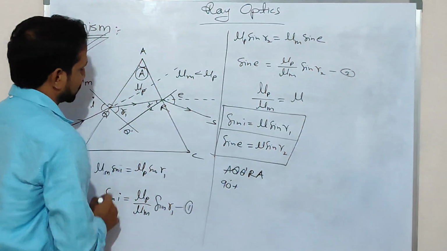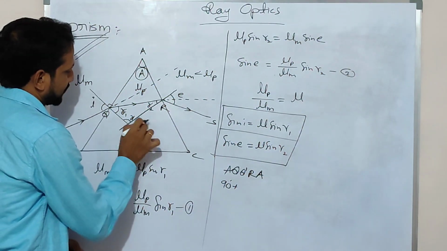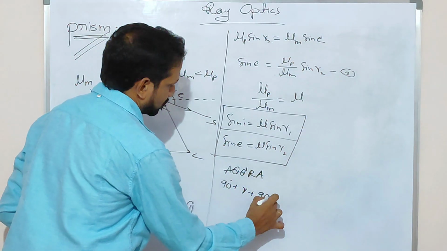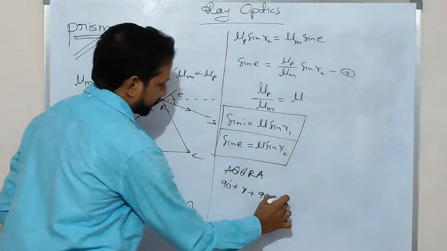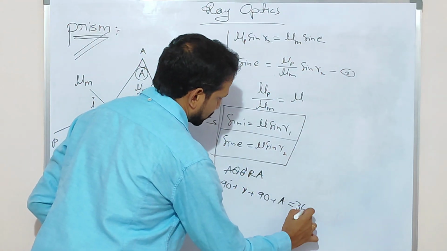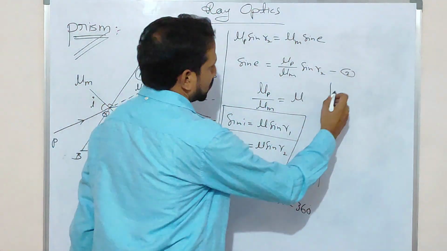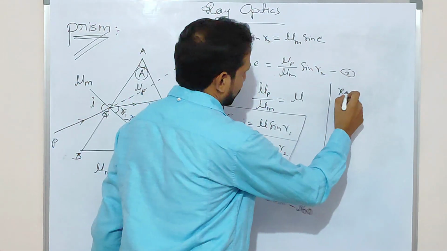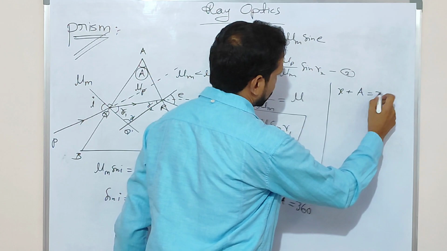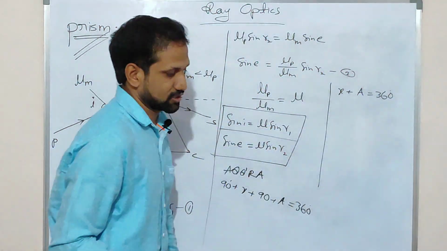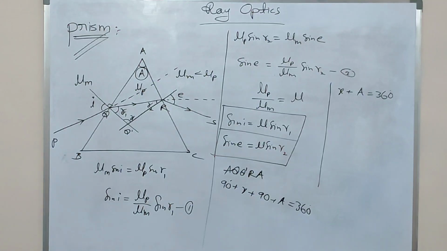So 90 degrees plus this angle, let it be x, plus again 90 plus A, should equal 360. Then I can rearrange this: x plus A equals, sorry, x plus A is not equal to 360, it is 180.